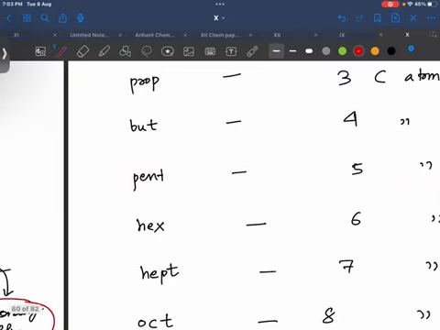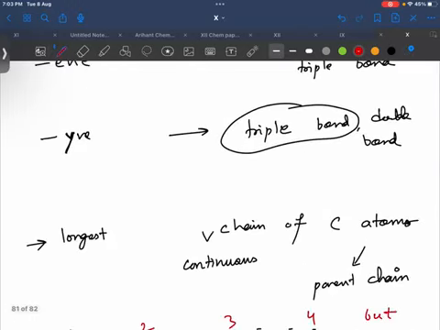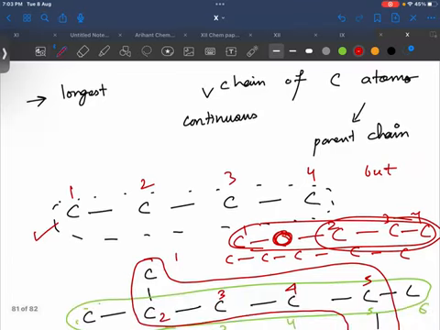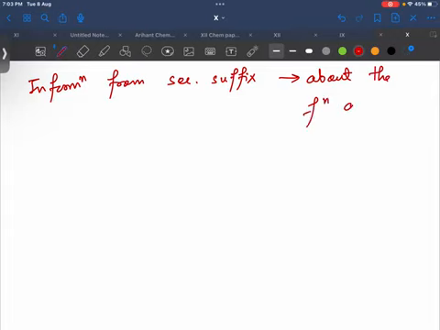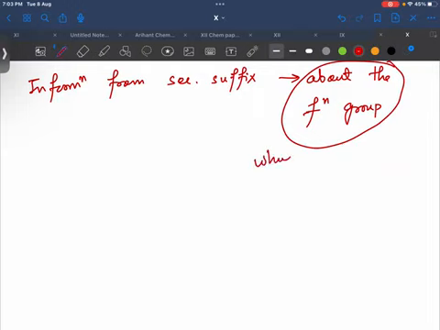The information that you get from the secondary suffix is about the functional group. Which functional group is present? Okay, I will let you know what are functional groups.